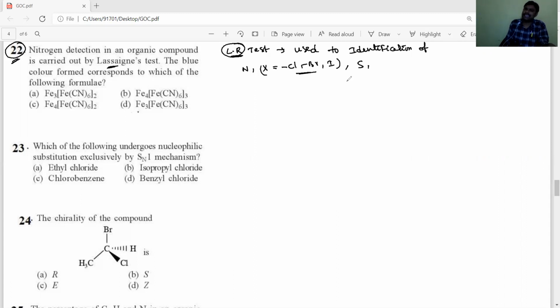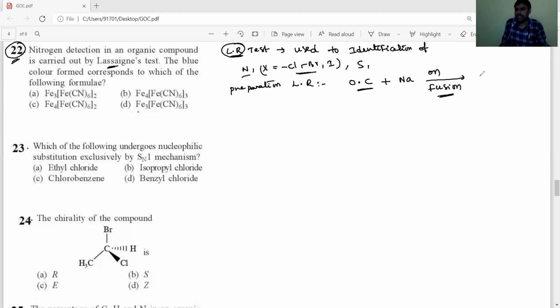In this test, how do we prepare Lassaigne's reagent? Let's see, dear students. The organic compound must contain halogens, nitrogen or sulfur, and it is fused with sodium metal. On fusion, if halogens are present, it forms NaX.